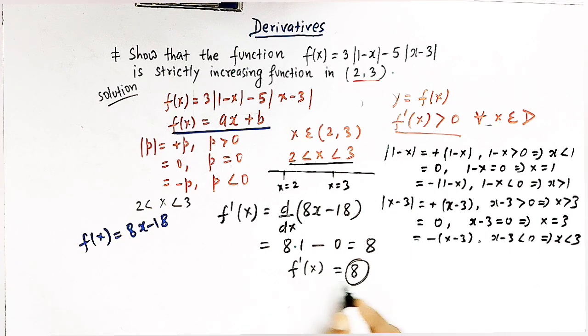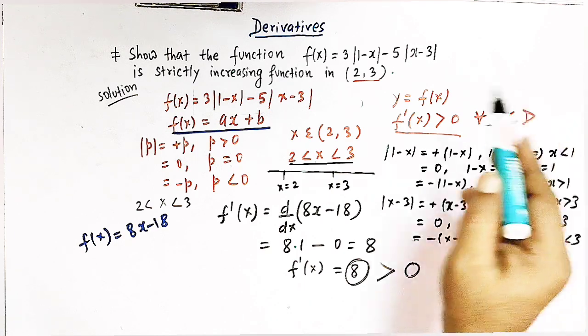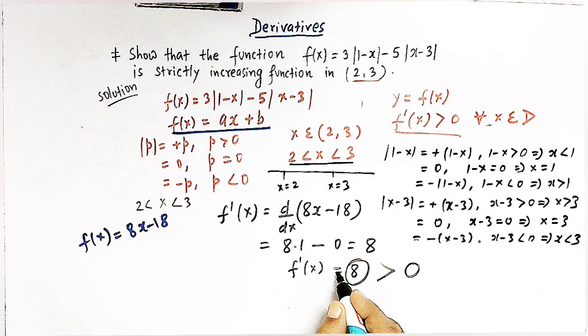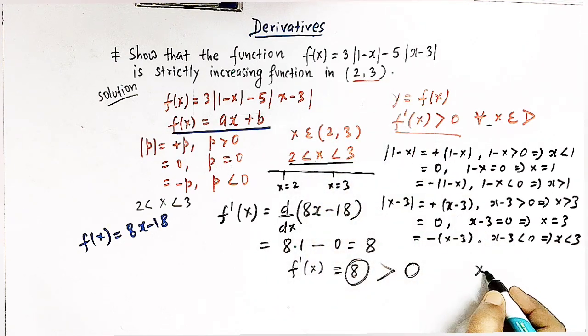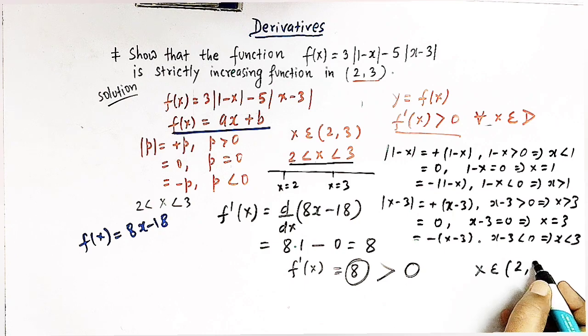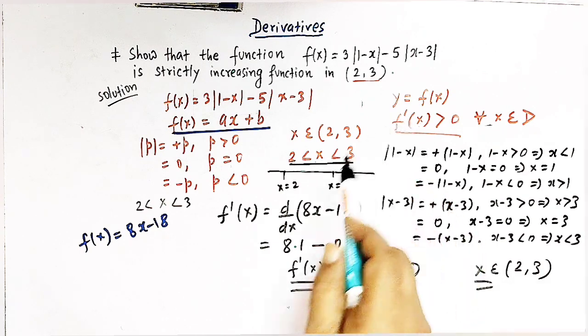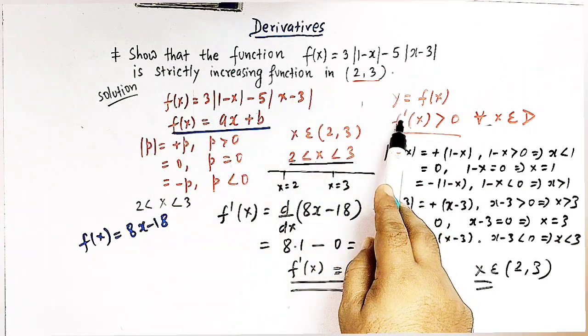So f prime of x is always greater than 0 for all values of x belonging to the domain. So here f prime of x is always going to be positive in this interval, that is x belonging to (2, 3), right?